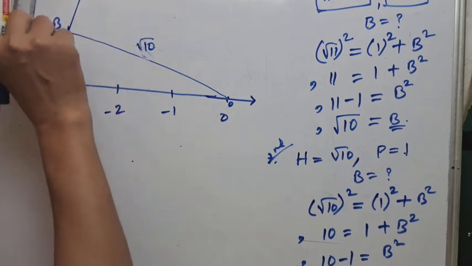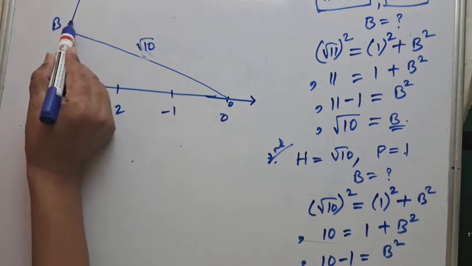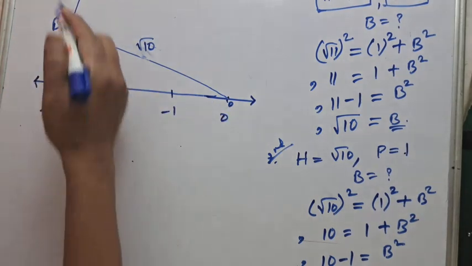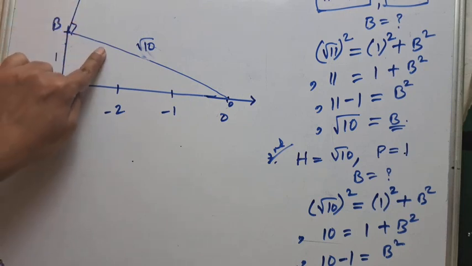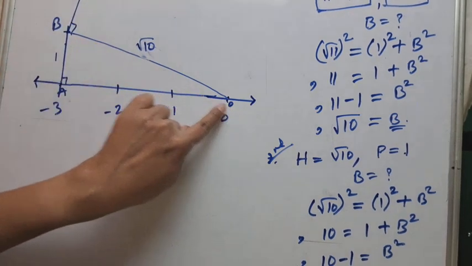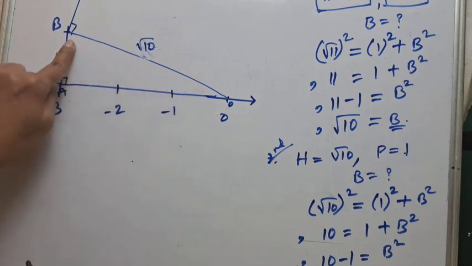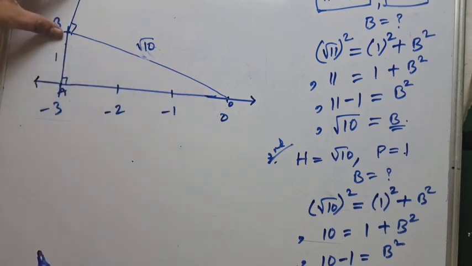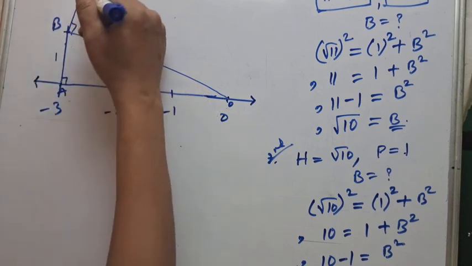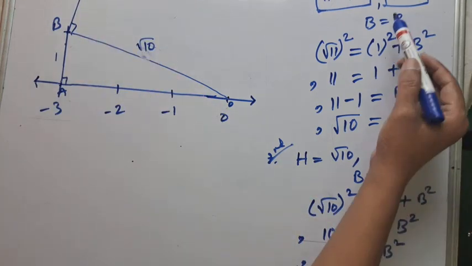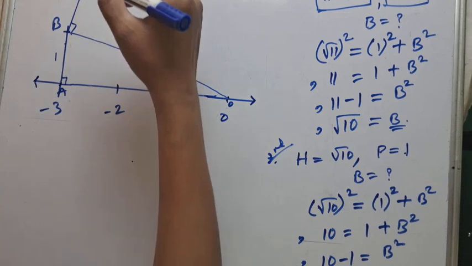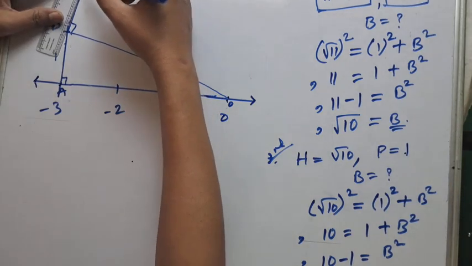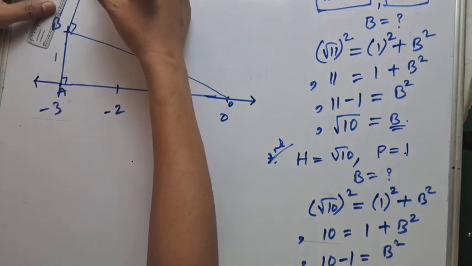Now this is 90 degree. This line is perpendicular to this line. Okay, so OB will become base and this becomes perpendicular. So perpendicular is again 1 unit, isn't it? Perpendicular is 1 unit. So we mark 1 here. This is 1.